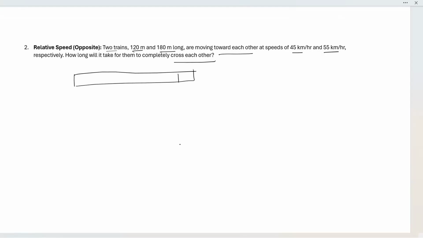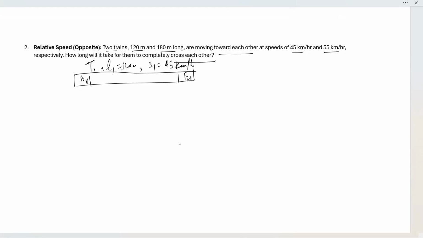Let's say this is train one, its length L1 is equal to 120 meters, and speed is 45 kilometers per hour. And there's another train, they're moving opposite to each other, towards each other.